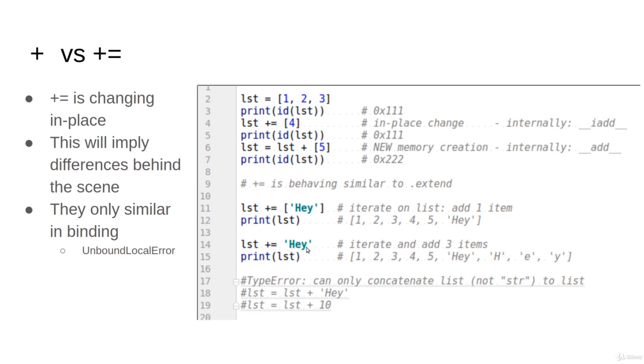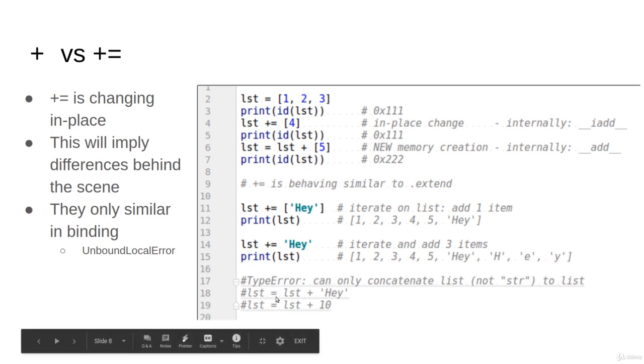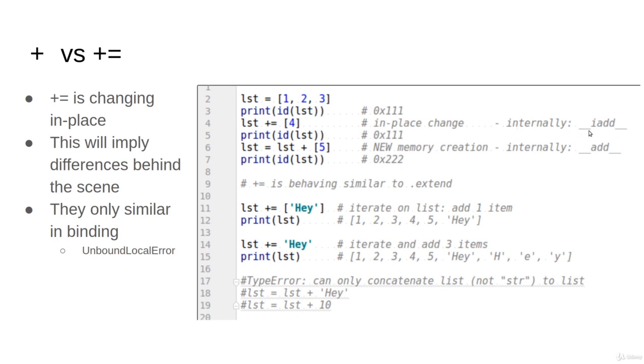But here is a big difference that you should be aware of, the difference between plus and plus equal. If you try to write list equals list plus hey, this will give you a type error. List plus 10, this will give you an error. Plus equal will work and plus will not work. Why? Because plus equal is actually internally calling something called iadd. It's working in place.